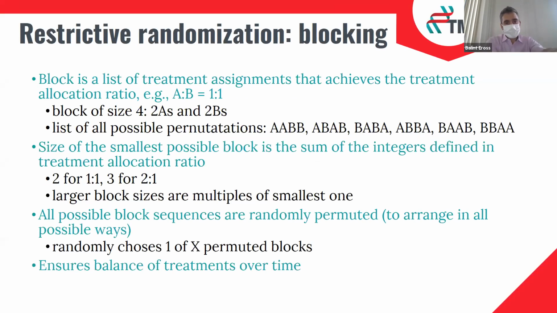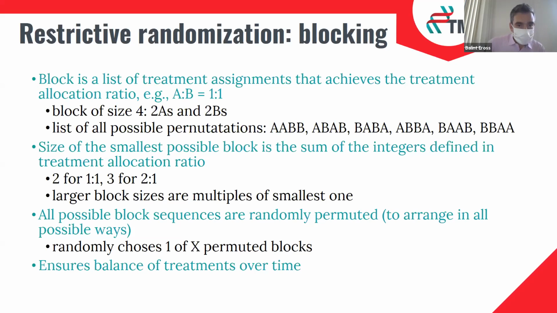The block is very difficult to understand, but I hope I'll be able to explain it to you. So we all understood that the treatment allocation is decided by randomization before the actual treatment is allocated to the patient. And if you don't use simple randomization, and you want to ensure that a certain allocation ratio is achieved throughout a study, then you can use randomly assigned blocks of treatment assignments.